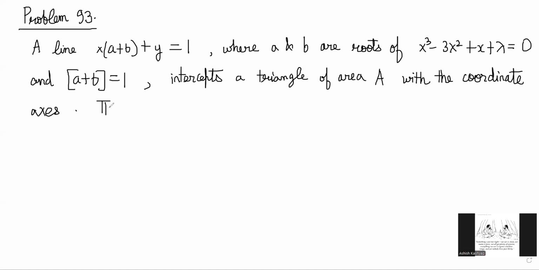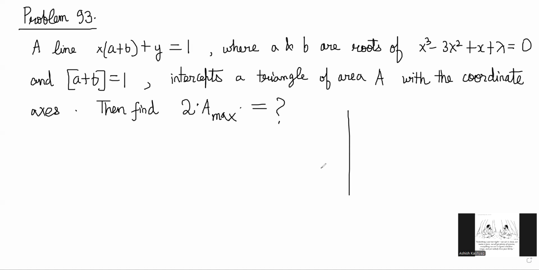You have to find 2 times maximum area of this triangle, 2A max. So basically, whatever is the area of this triangle that this line intercepts with the coordinate axis, we have to find the maximum area of that triangle, right?